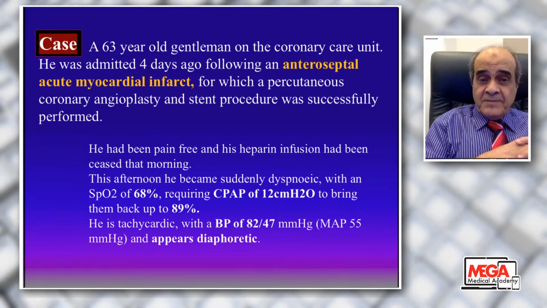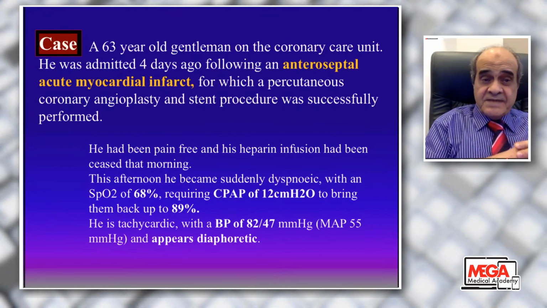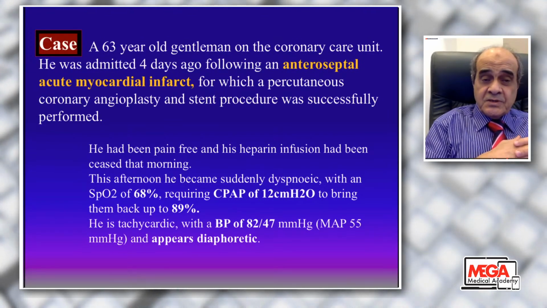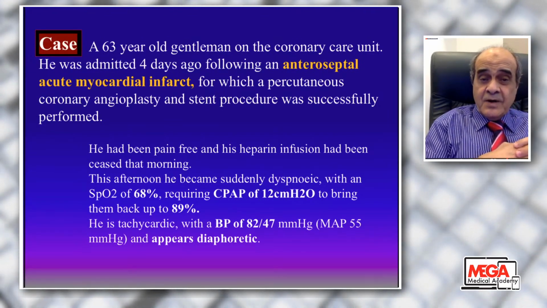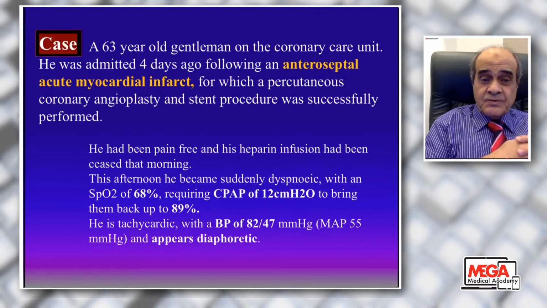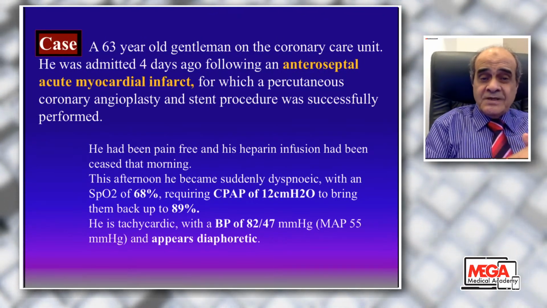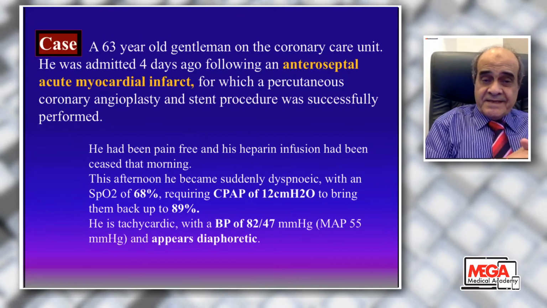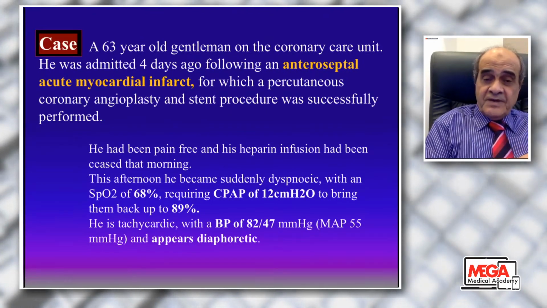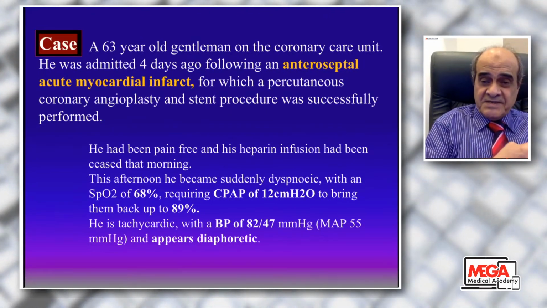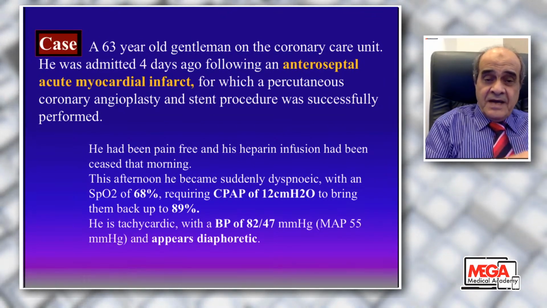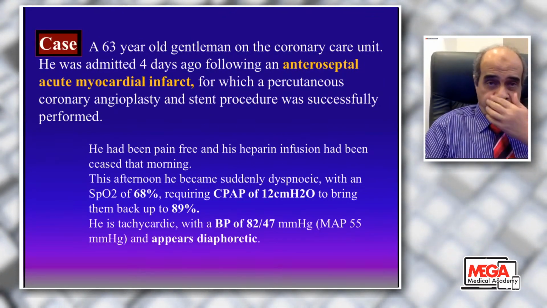This afternoon, he became suddenly dyspneic with an SpO2 of 68%, requiring CPAP of 12 centimeters of water to bring it back to only 89%. He is tachycardic with a blood pressure of 82/47, hypotensive, mean pressure 55, and appears diaphoretic.